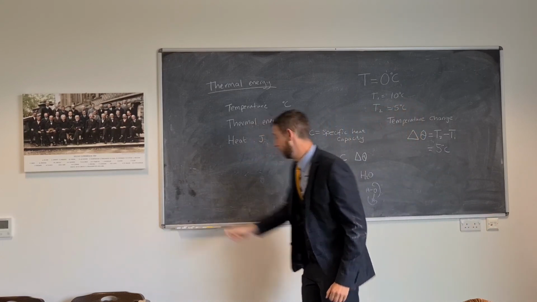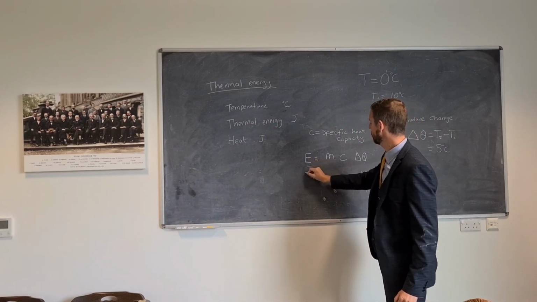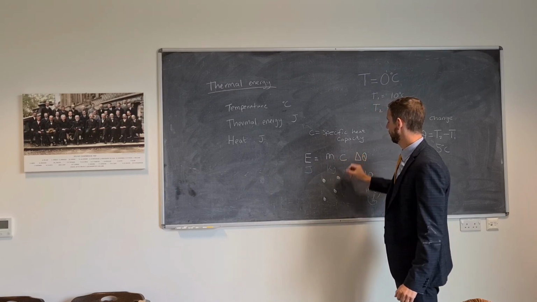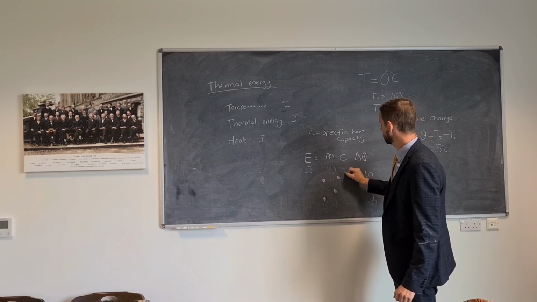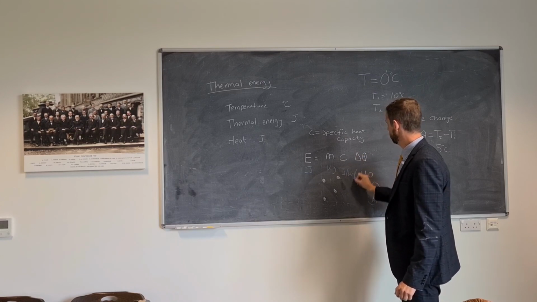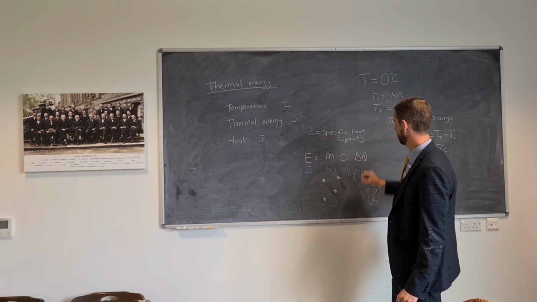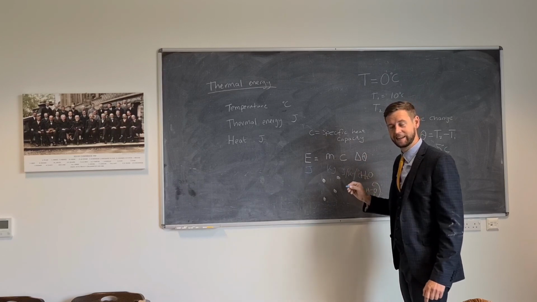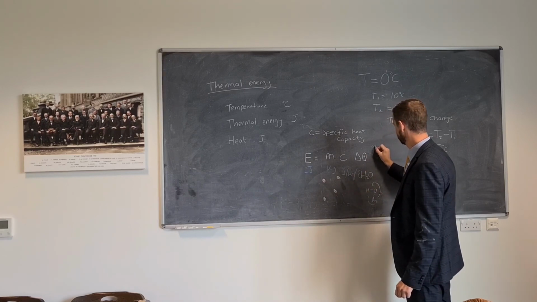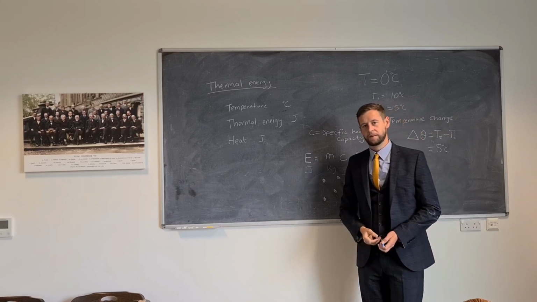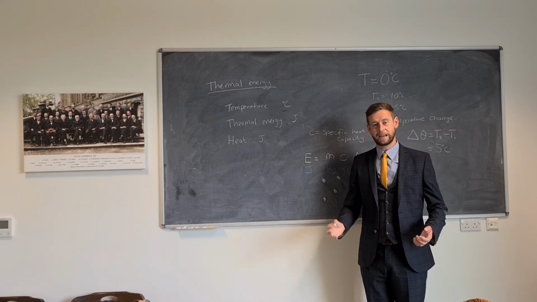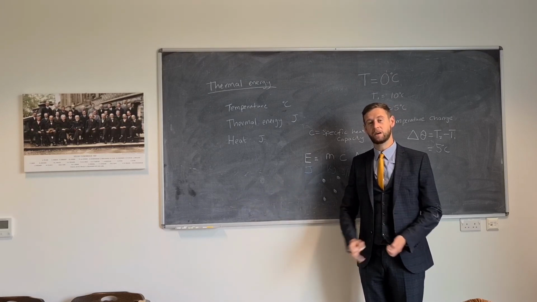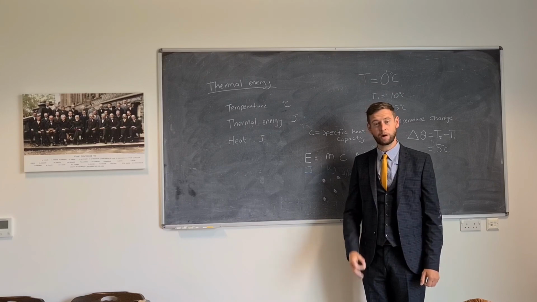The units of thermal energy are joules, the units of mass are kilograms, and the units of specific heat capacity are joules per kilogram per degree C. The unit of temperature change is degrees C. There is a required practical that looks at recording data of specific heat capacity of an object, and we'll have a look at that next.